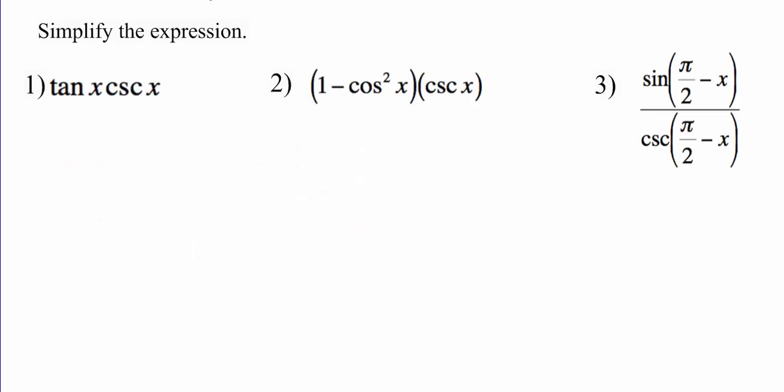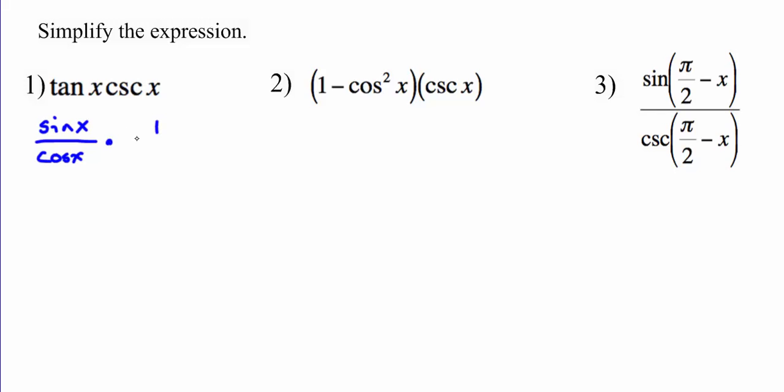All right, so let's take a look at this. First of all, it says to simplify the expression. Now, there are lots of strategies you can take, but one strategy is let's try to change things into sines and cosines. So when I see tangent of x, we've already studied how tangent of x is the same as sine of x divided by cosine of x.